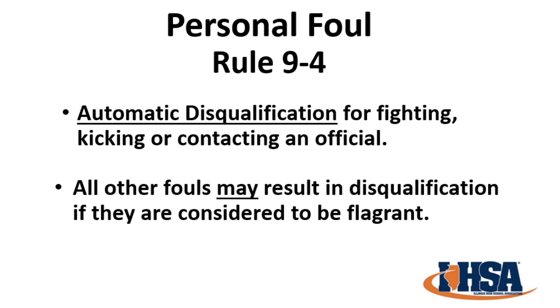A player is automatically disqualified for fighting, kicking, or contacting an official. There is no limit to the number of personal fouls any player may accumulate in a game. However, any single personal foul may lead to disqualification if the officials consider it to be flagrant.